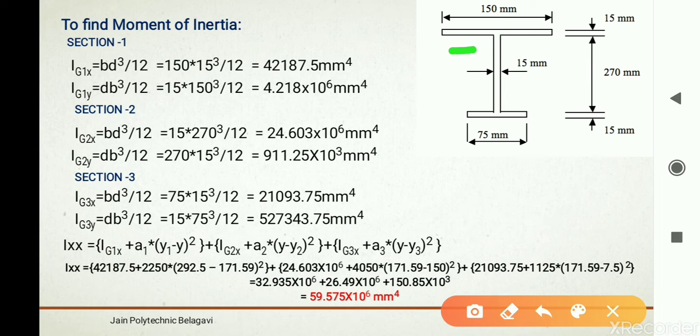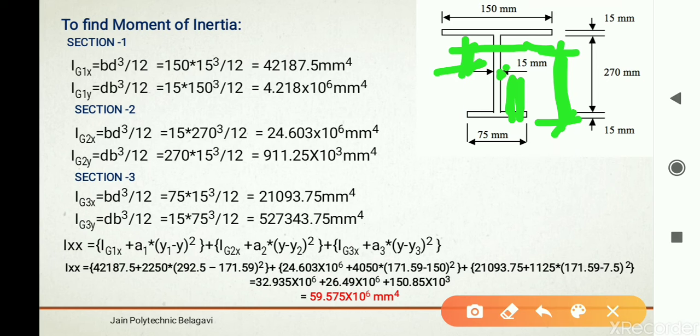The main CG lies here. This point indicates the CG of section 2. We want only this difference, right? We know this is y bar to the main CG, and this is y2. So y bar minus y2, you are going to get the required distance.